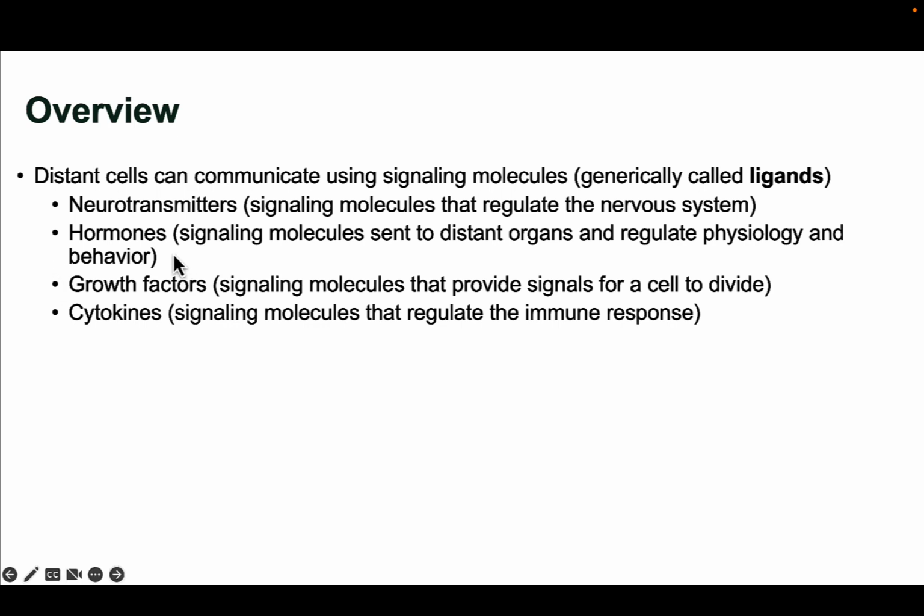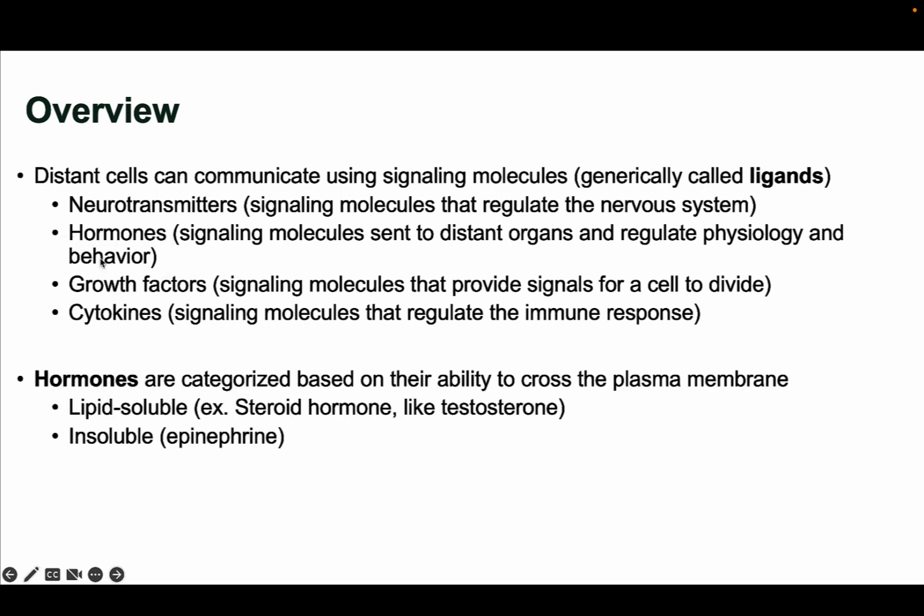And so today we're really going to consider the signaling molecules that are hormones. Hormones are categorized based on their ability to cross the plasma membrane. And so we can categorize hormones as lipid soluble, like a steroid hormone such as testosterone, or lipid insoluble, like epinephrine.